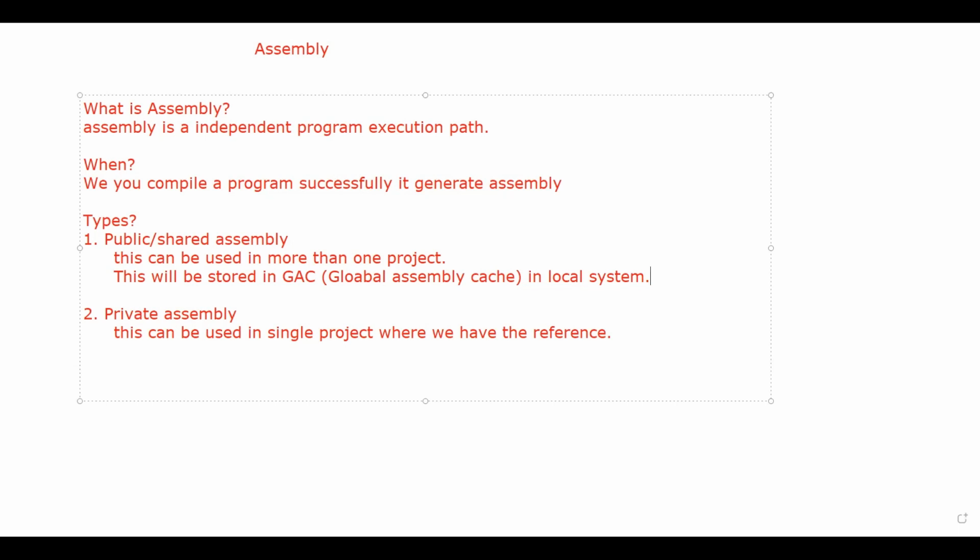So what is the path of this GAC? A public or shared assembly should be stored in the GAC. Where will it be stored? It will be stored in this path: C drive, Windows.